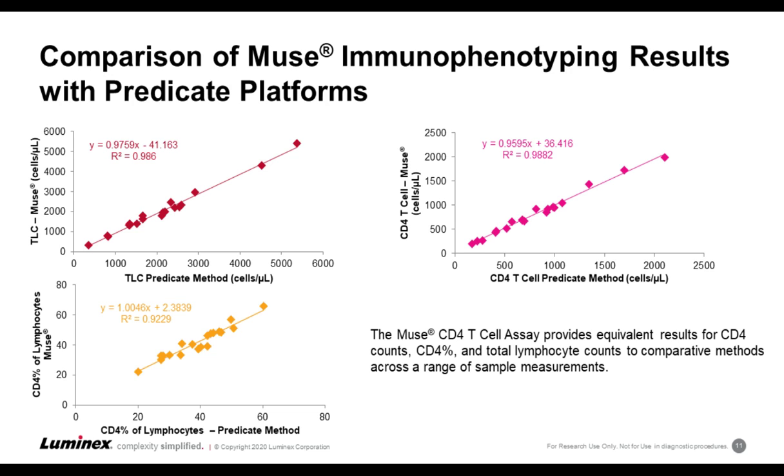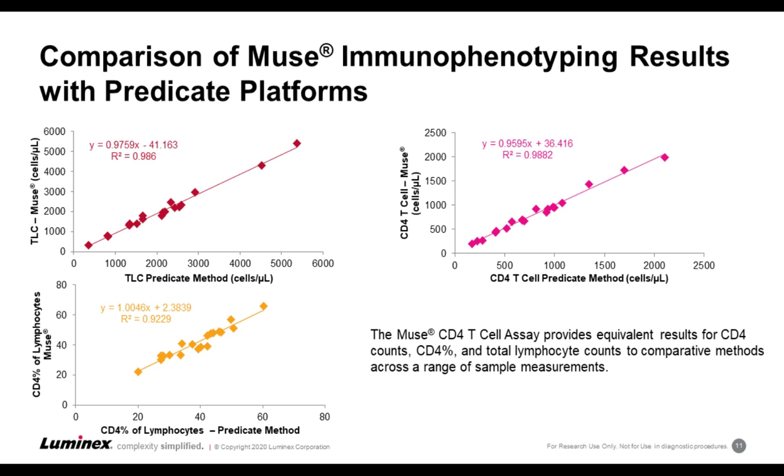So we've also compared the results obtained from the Muse immunology kits with other platforms. And in this example, we're showing you the results from the Muse CD4 T cell assay. The results obtained on the Muse for a wide variety of whole blood samples was compared against results from a higher-end flow cytometer and kit.